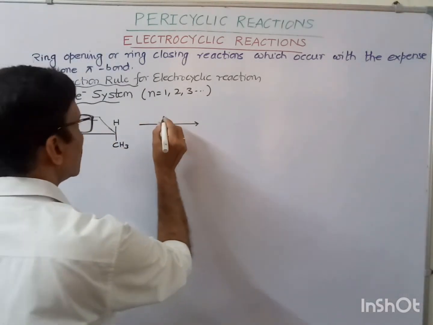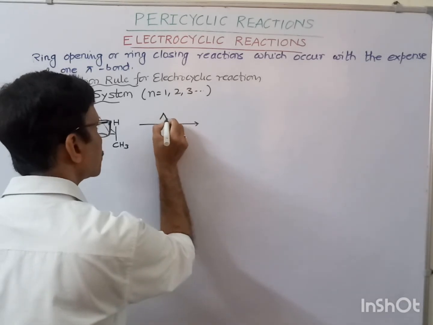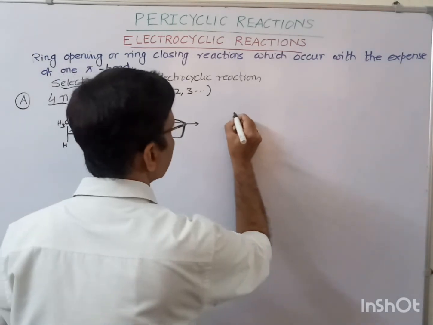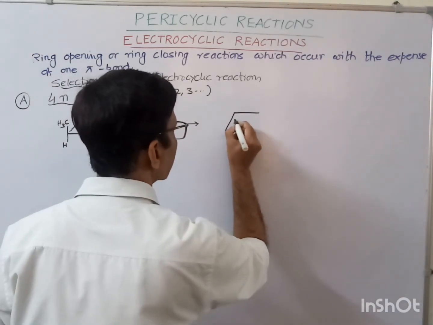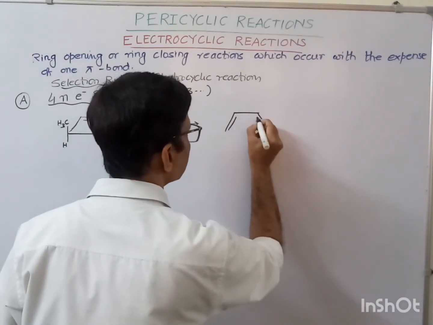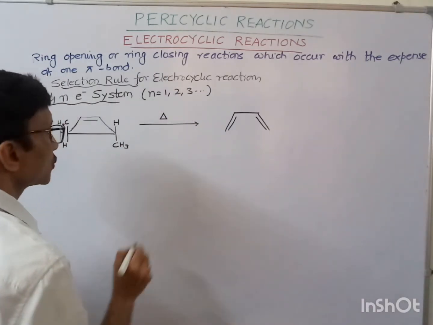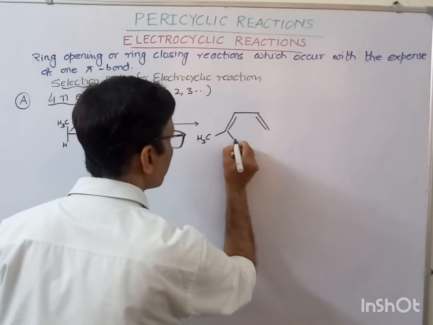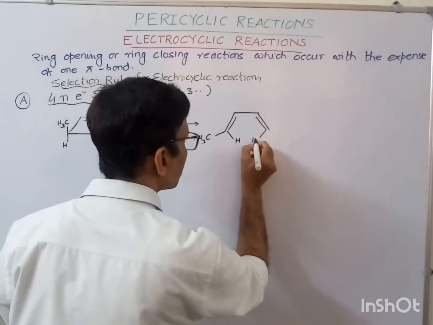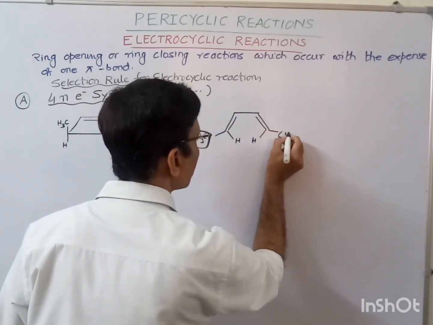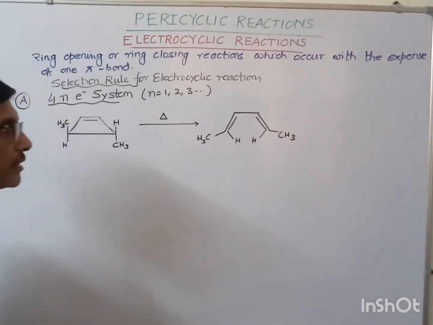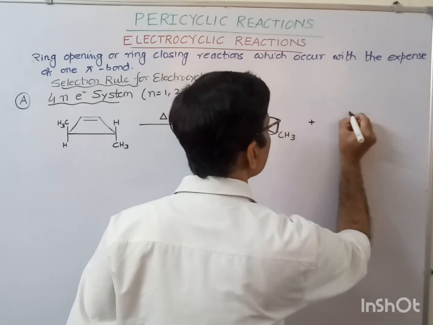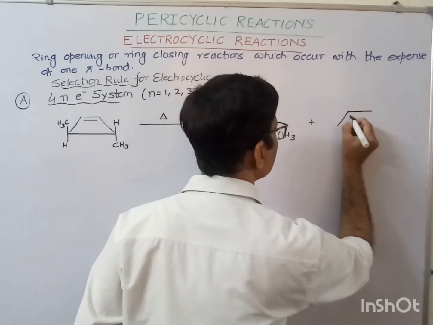When heat is passed through this system, the product obtained was something like this. This is the experimental result. Either we get this product, or we may get this product.